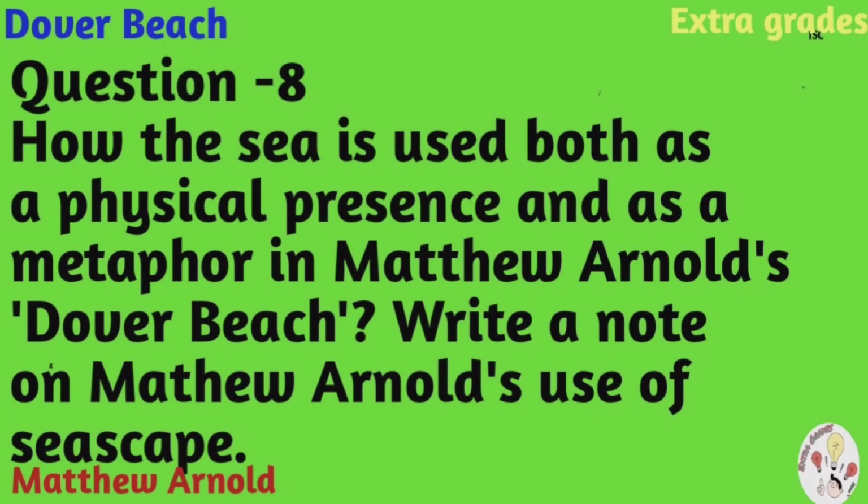The answer to question number 8 is: the sea is everywhere in Dover Beach. It shows up in different places and in different forms. Three seas are referred to in the poem. Sometimes it is a physical location, something you can actually see, like the English Channel or the Aegean Sea, and sometimes it morphs into a metaphor for the fate of humanity.